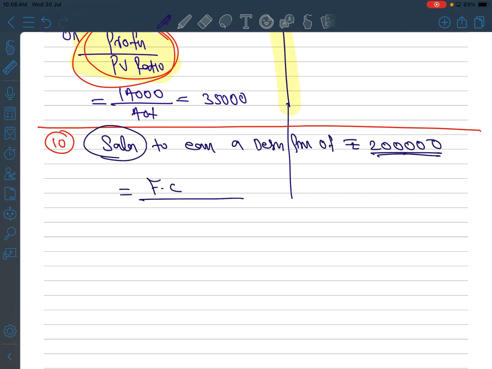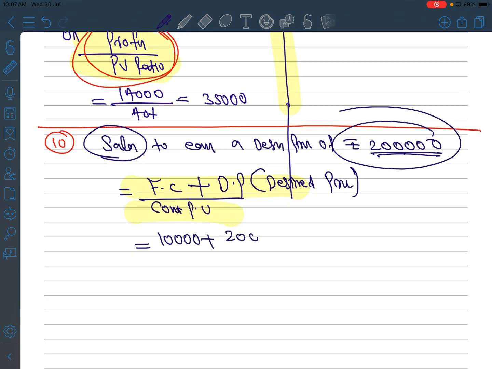The equation is very easy, because we know the equation for BEP: fixed cost divided by contribution per unit. Just add the desired profit, DP, to the numerator. So the equation is fixed cost plus desired profit divided by contribution. Fixed cost, as we know, is 10,000. Desired profit is 2 lakh.